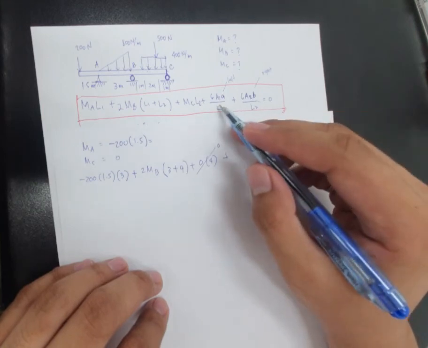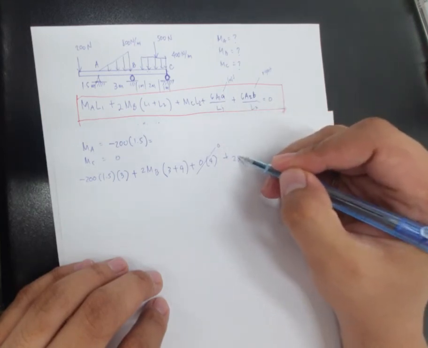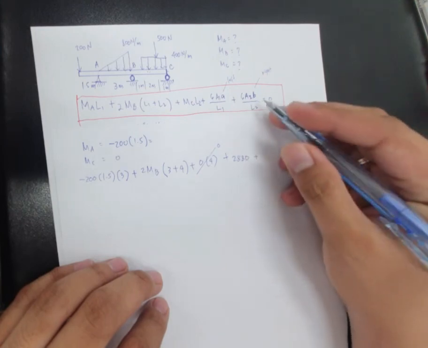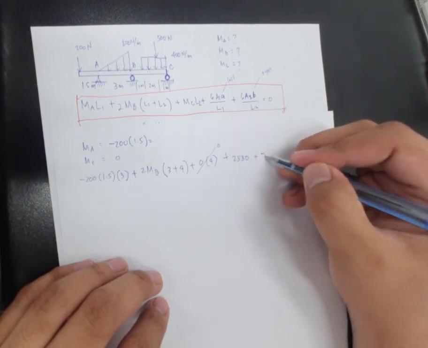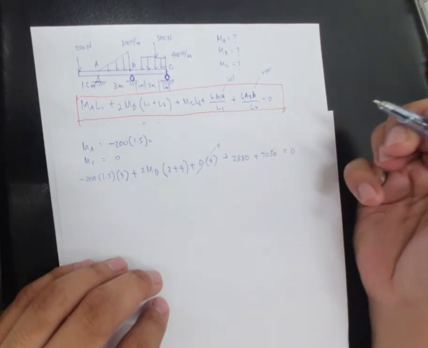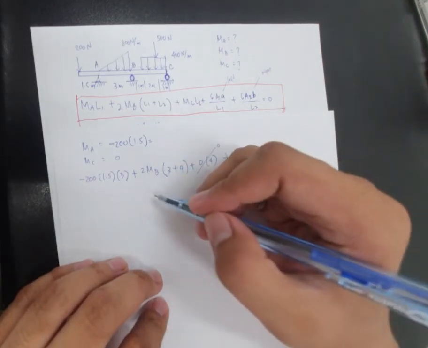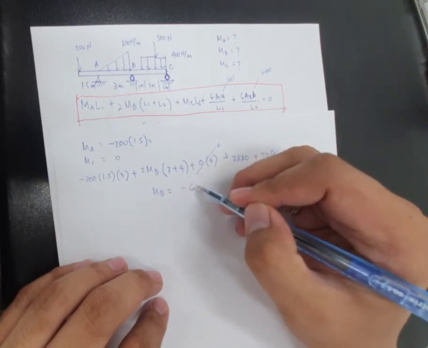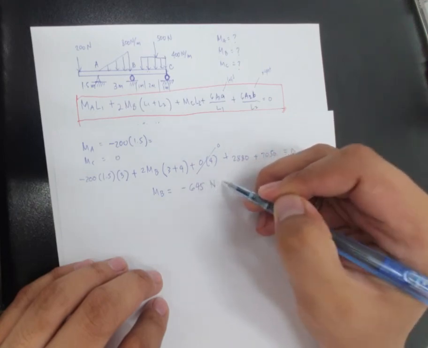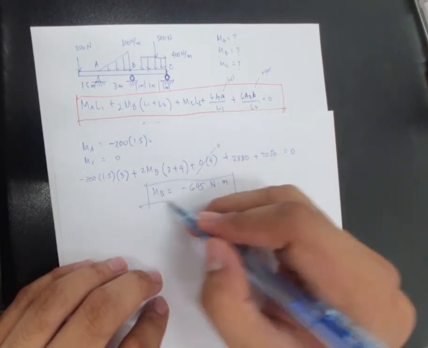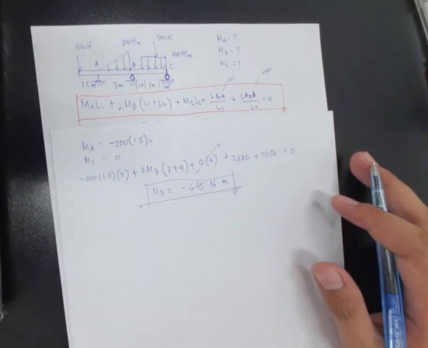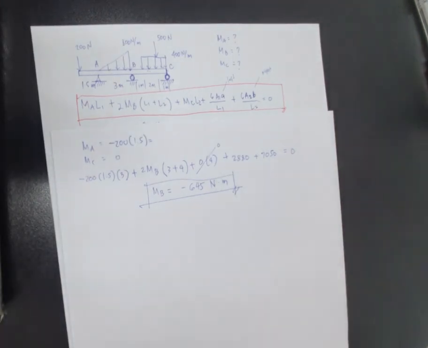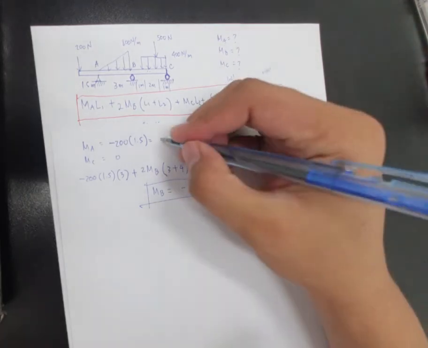Plus 6A1A L1, that is nakuha na to gaya na to 880, plus 6A2B over L2 7050 equal to 0. So you only have one unknown, which is MB. So using your calculator, you have moment at B equal to negative 645 Newton meter. Okay. So moment at A, negative 200 times 1.5 is negative 300.